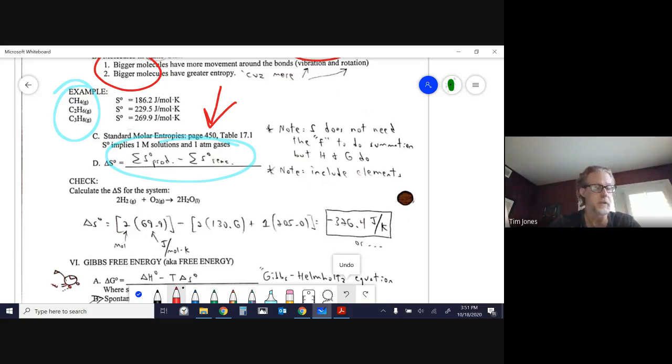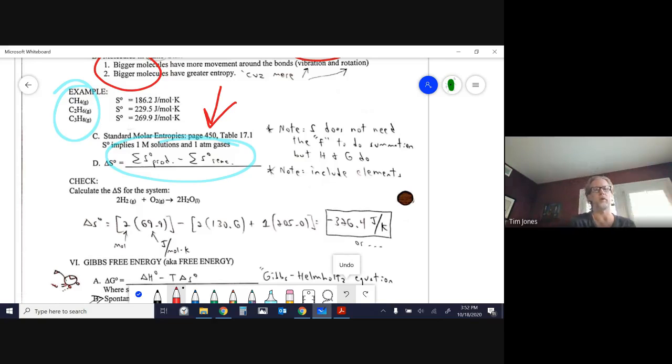It's at standard conditions. So 1 molarity, 1 atmosphere, 25 degrees Celsius. But last time with delta H, we must do it with formation reactions so that we know it will work. Here, you don't have to worry about that. In fact, these aren't based on reactions at all. These are based on raw entropy values.